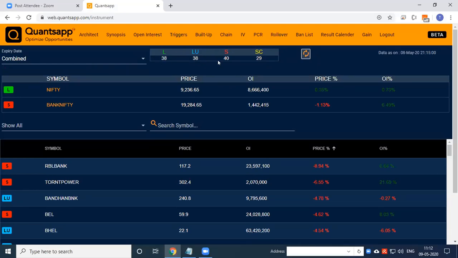If we see something like this, a nearly equal distribution, that shows the market is range bound. We don't see a gung-ho rally coming up, neither are shorts being created heavily. So having a look at this market structure during the day is very, very important.